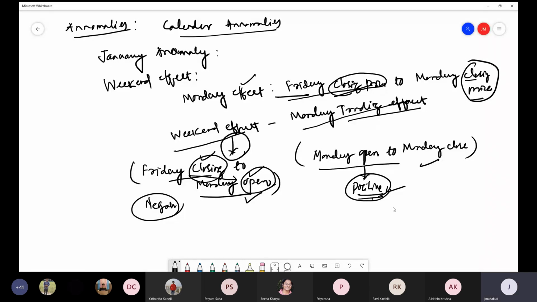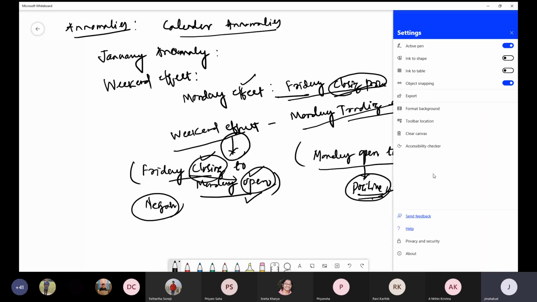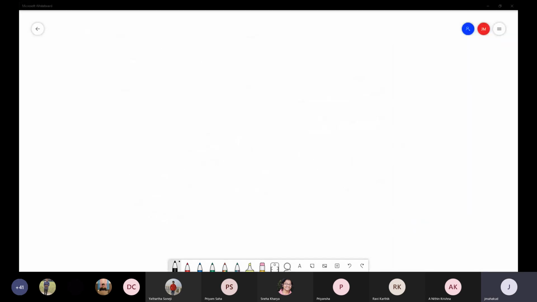Okay, then we have the strong form of the efficient market hypothesis. This strong form, if you see, is studied in a different way. Basically, what we said is that no group of investors should get more return.